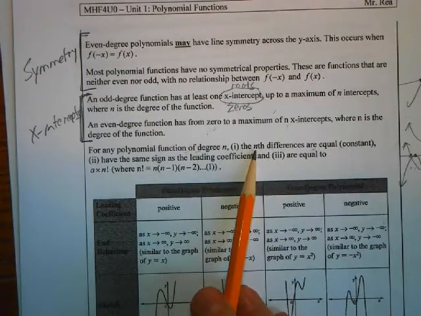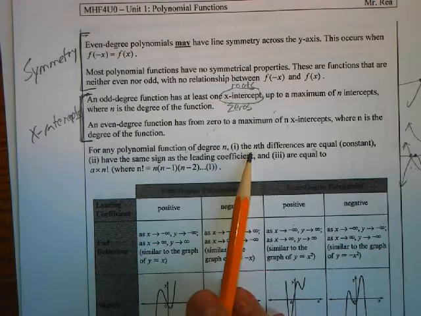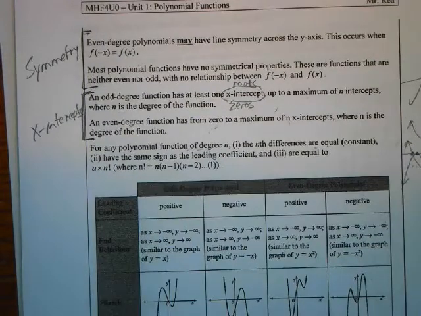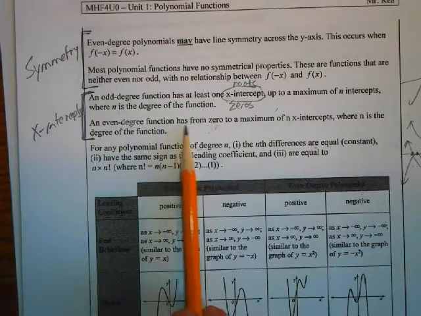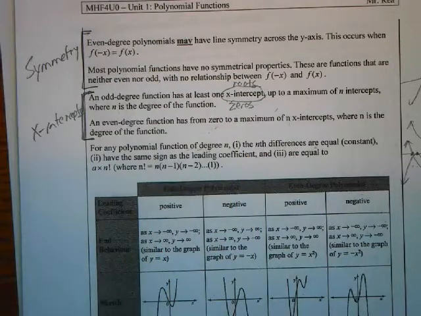But if you remember, when we had a table of values of a linear function, we looked at the first differences, and they were always constant. So if you just had a table of values and didn't know what kind of function it was, you could do the first differences, and if they were all constant, you knew it was linear, even without seeing the equation or the graph, or graphing the points.